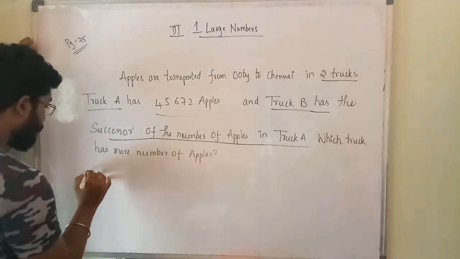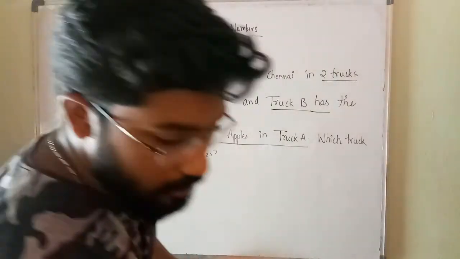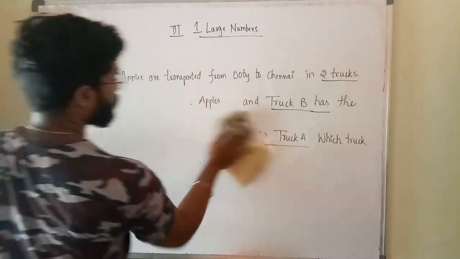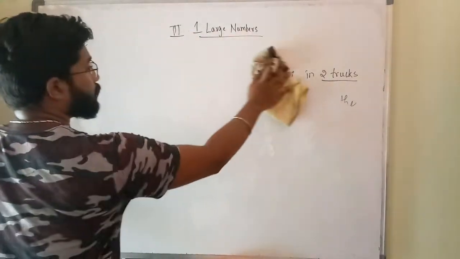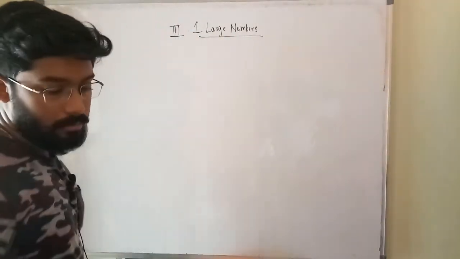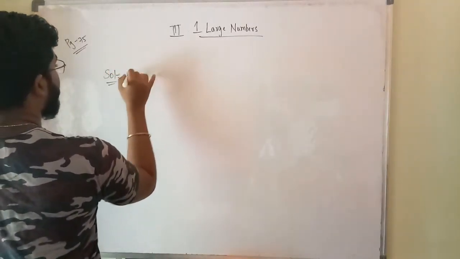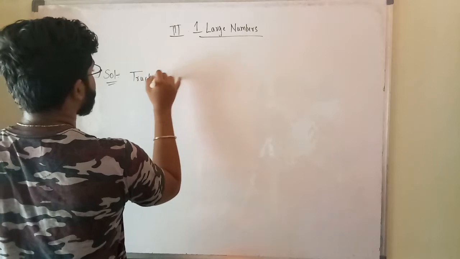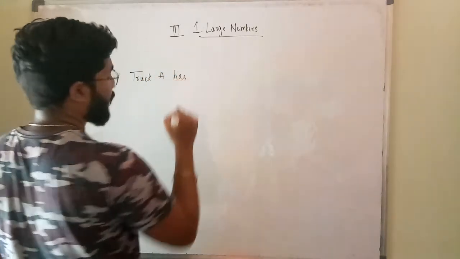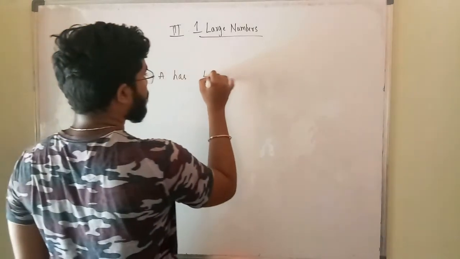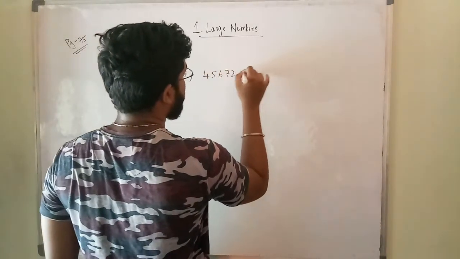I will rub this totally and I will write the solution. So truck A has how many apples? 45,672 apples. Clear?